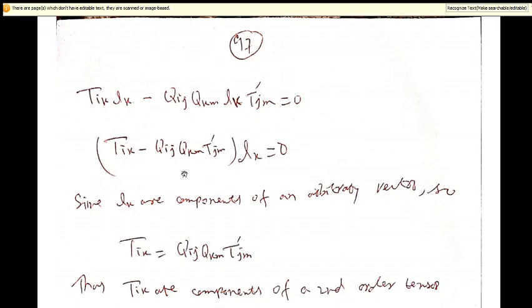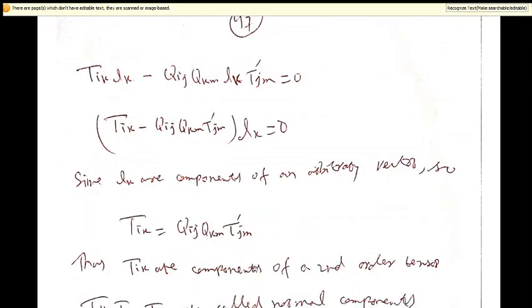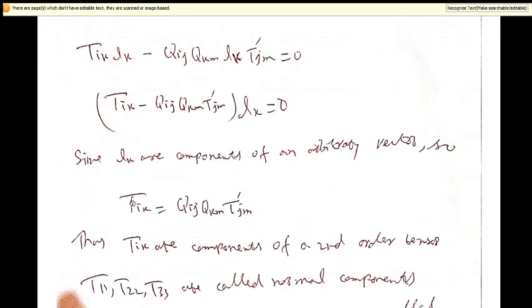So this parenthesis will be equal to 0. If this parenthesis is equal to 0, then Tik will be this. Now from here we can see that these components satisfy the transformation law of second order tensor components.